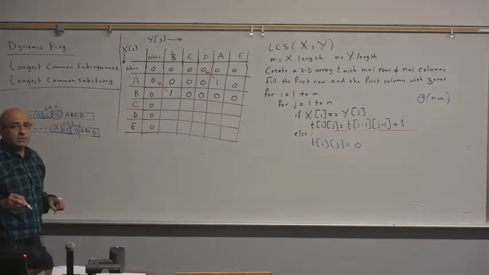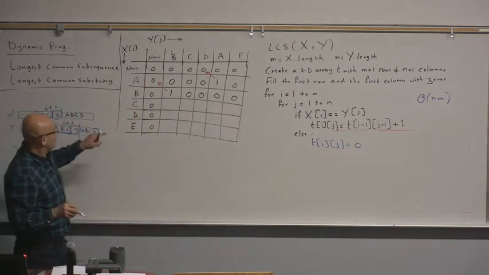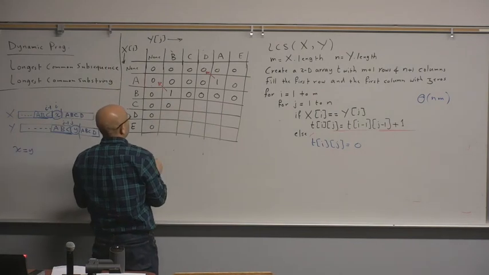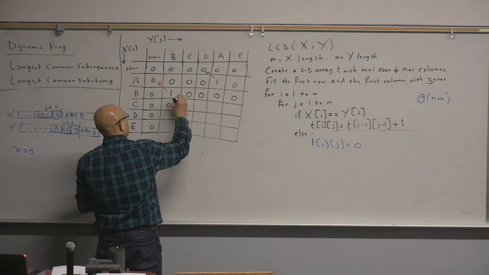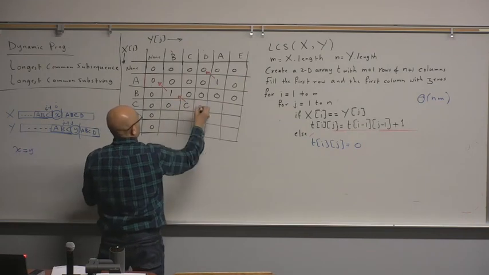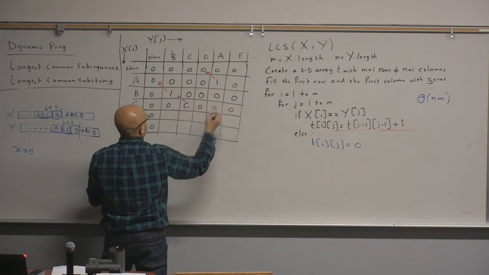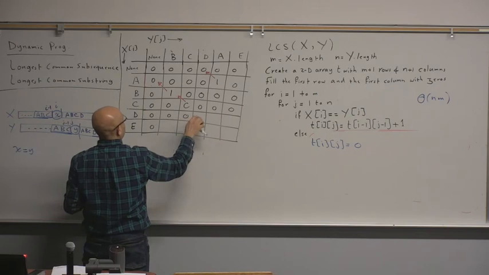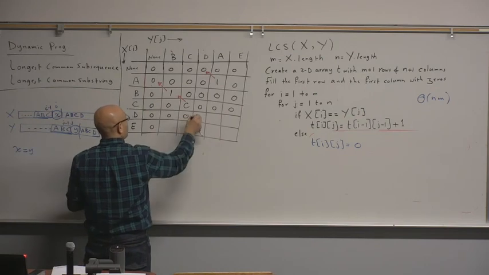So there will be lots of zeros. Not equal, 0. Equal, what should I do? Diagonal. Not equal, 0, 0, 0. Not equal, 0, 0. Equal, diagonal.